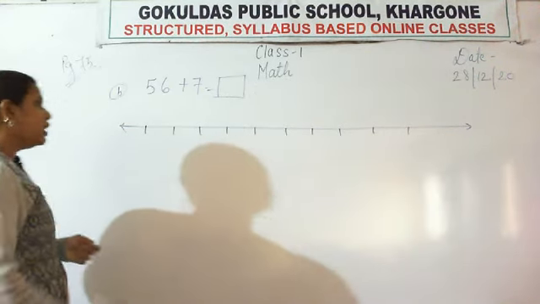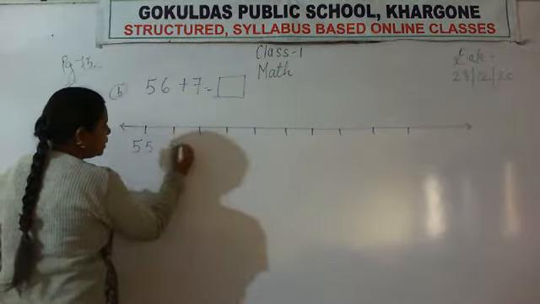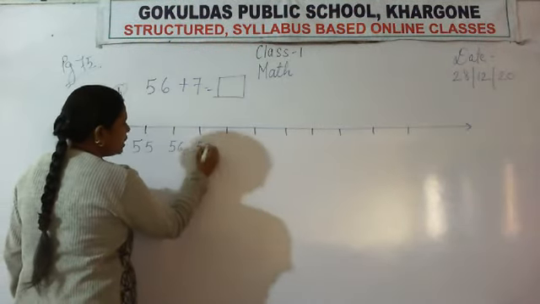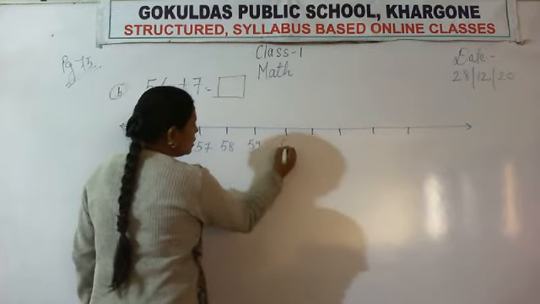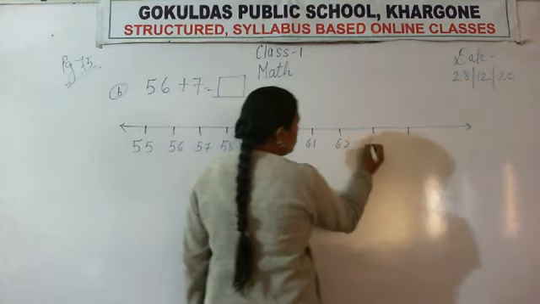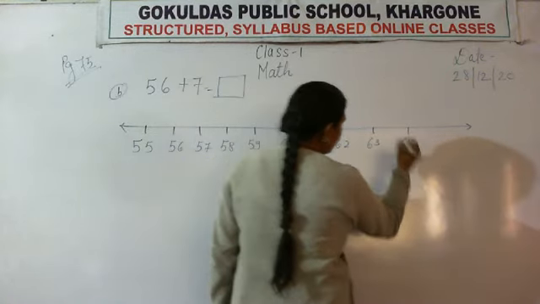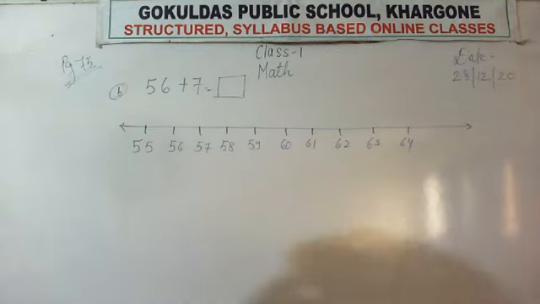Okay. Now write the numbers on the number line. First you also draw the number line fast, and use a scale to draw the line. Okay.